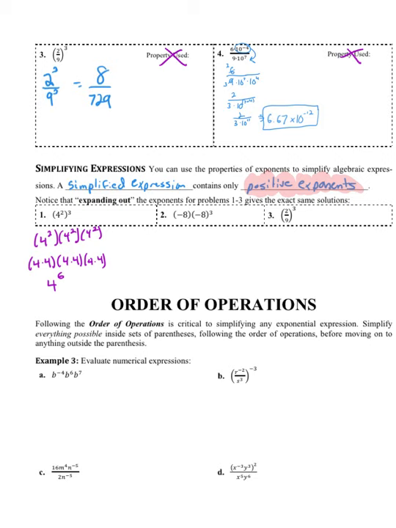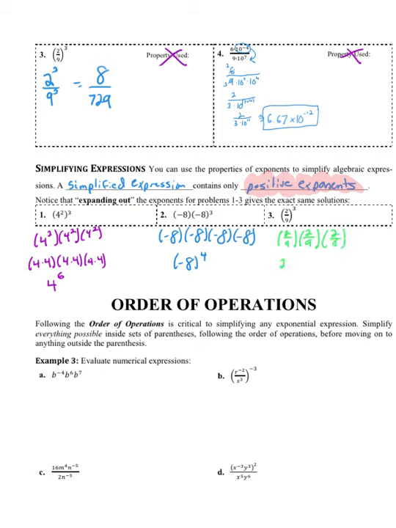With the second problem, negative 8, you'd write out negative 8 3 more times. And you'd end up with 1, 2, 3, 4 negative 8s. And that's what we saw above as well. And the last one, if we wrote out 2 ninths 3 times, you get 2 ninths times 2 ninths times 2 ninths.